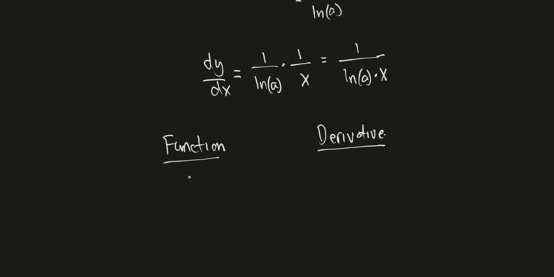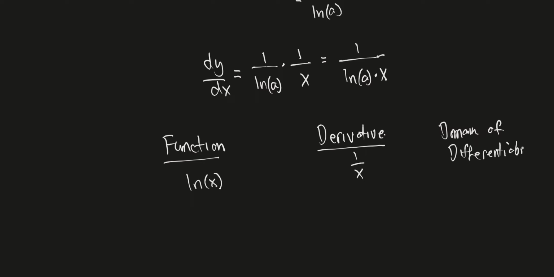So if our function is the natural log of x, its derivative is 1 over x. And this is valid for what we'll call the domain of differentiability. In other words, for what values of x do the function and the derivative hold?